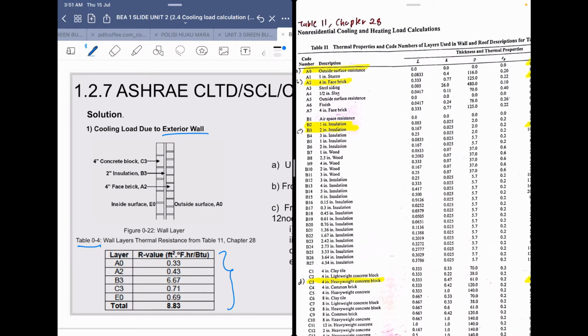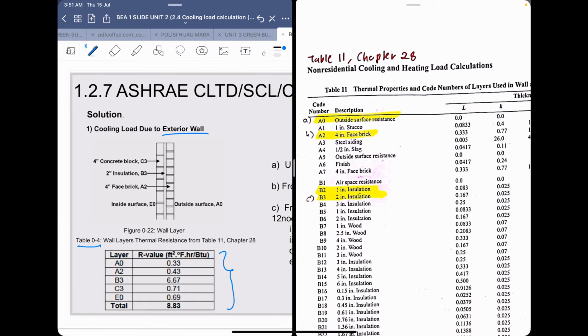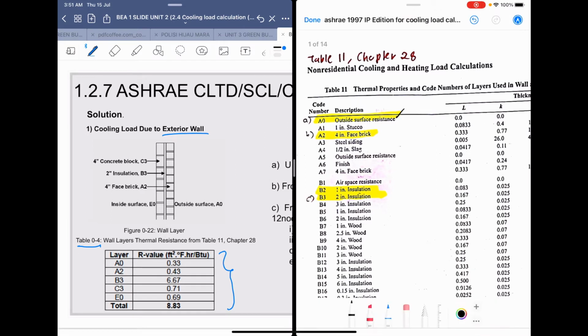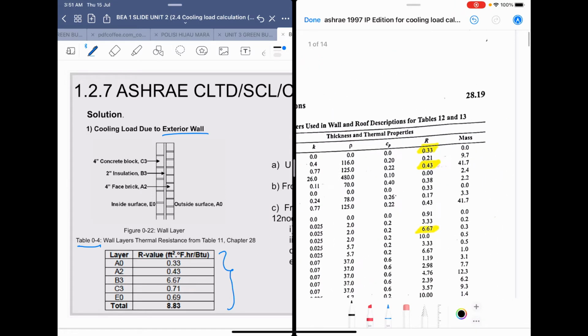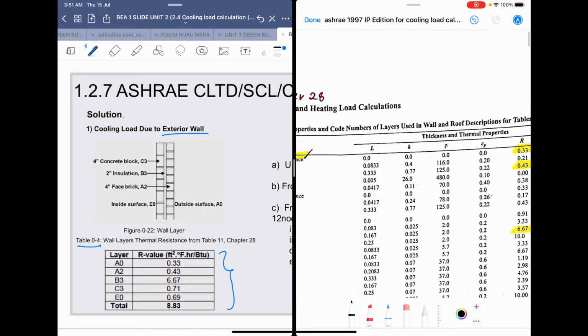You can see that AO, the outside surface resistance, the one that I will highlight, has a resistance of 0.33 feet square Fahrenheit hour per BTU.